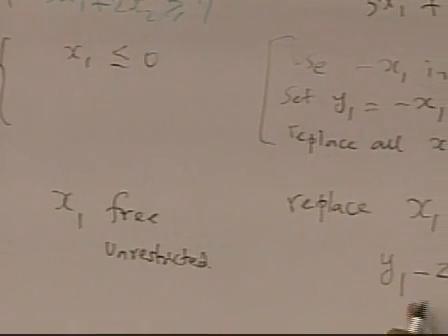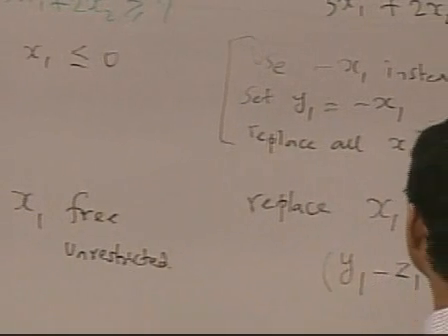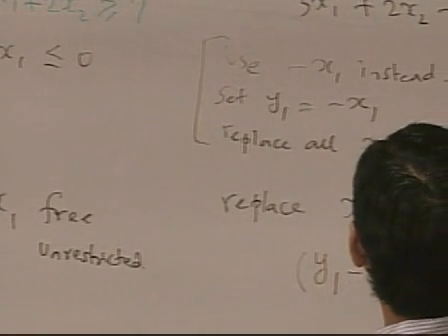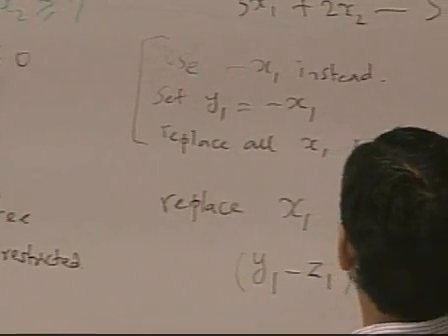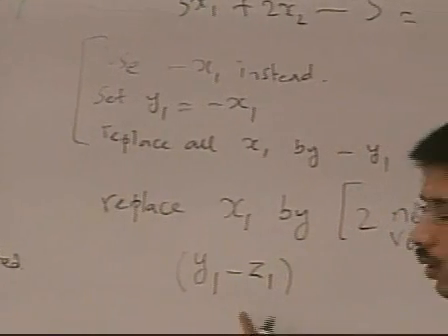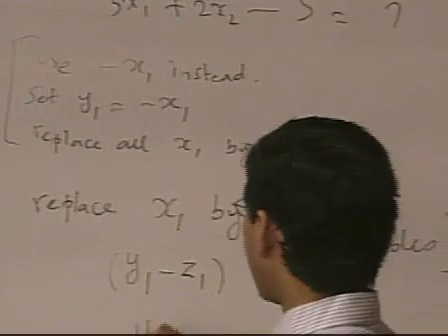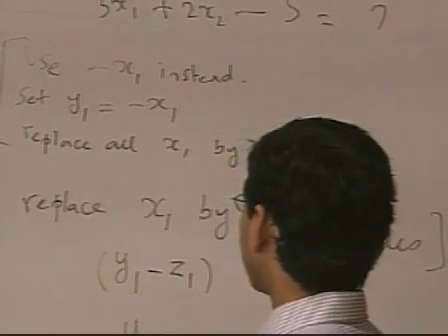So you're introducing two new variables, y1 and z1, which are both going to be non-negative.